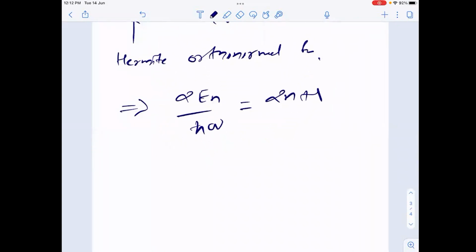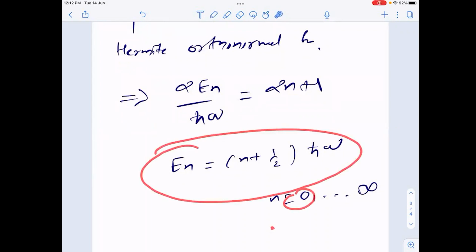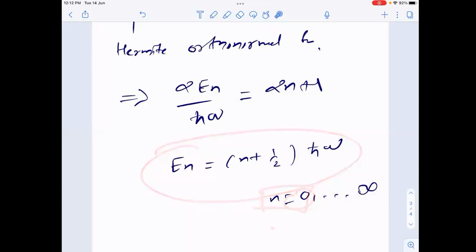And at the end, it turns out that the energy is (n plus 1/2) h-cut omega, where n's value varies from 0 to infinity. And hence, when you substitute n equal to 0, it is also called zero point energy, because at n equal to 0, the ground state, it still has some energy, that is half h-cut omega, and hence it's also called zero point energy.